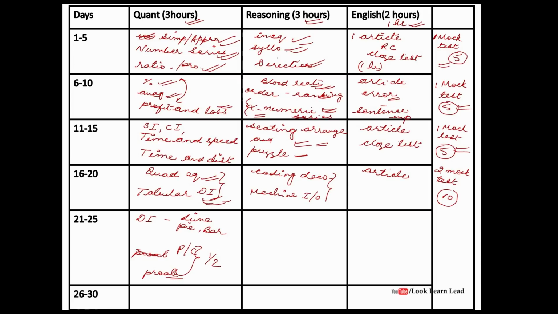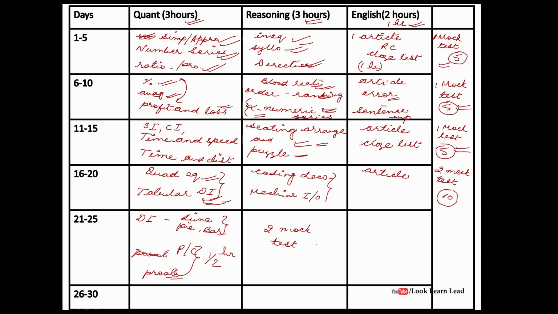So daily 2.5 hours you would be going through DI, and for half an hour you would be seeing probability and permutation combinations. Okay, and here you are free now. In these 3 hours you would have 2 mock tests.